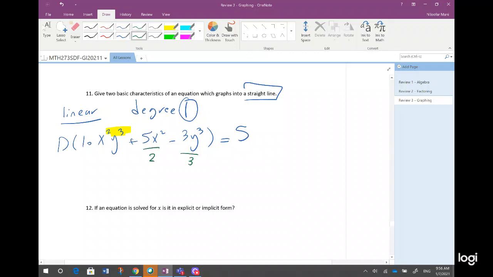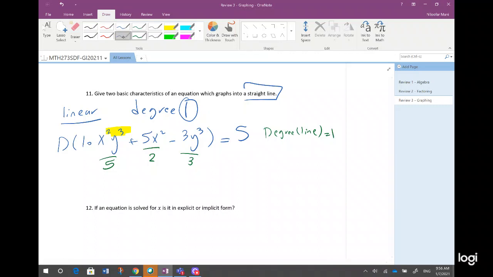So you look at each term and add all the exponents for all the variables in the term, and the highest is 5, so the degree is 5. For a line, the degree is just 1. So x power 1, y power 1, not more than 1, and not xy. If you see x multiplied by y, that's not a line. That's a curve. So the degree of a line is 1.